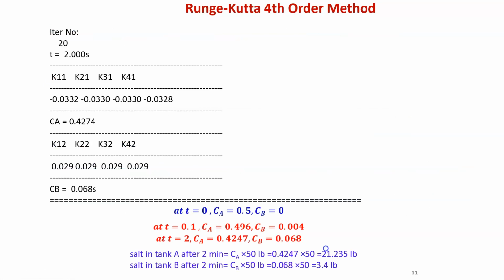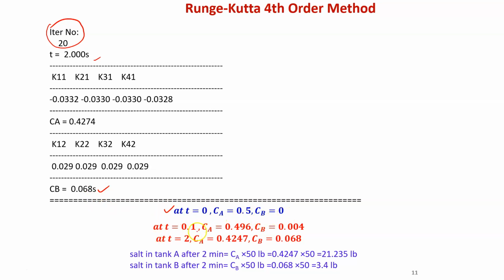Now if we do 20 iterations, at T equal to 2.0, we will get that CA will be 0.4247 and CB will be 0.068. So the initial condition is T equal to 0, CA equal to 0.5, CB equal to 0.